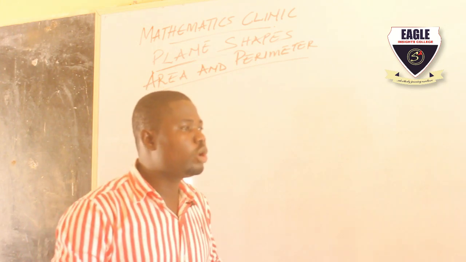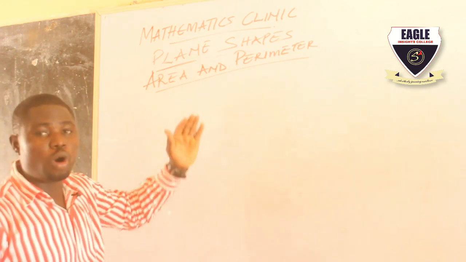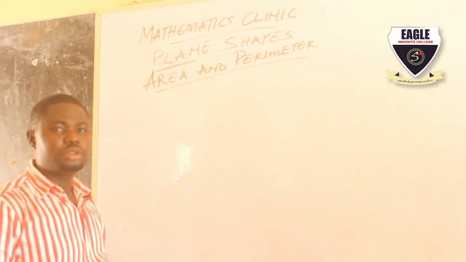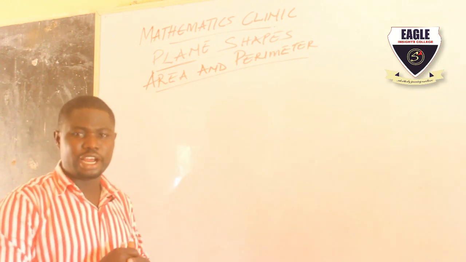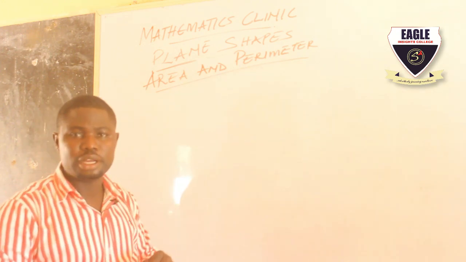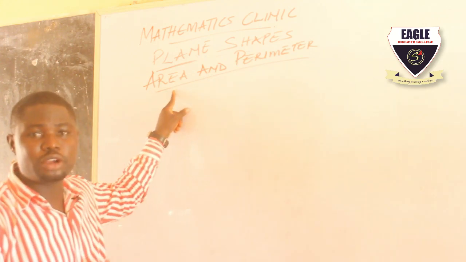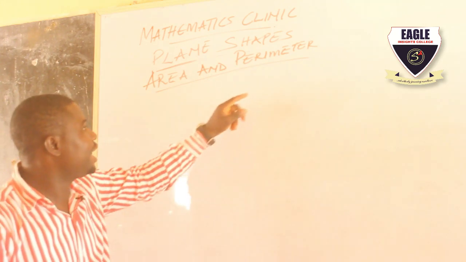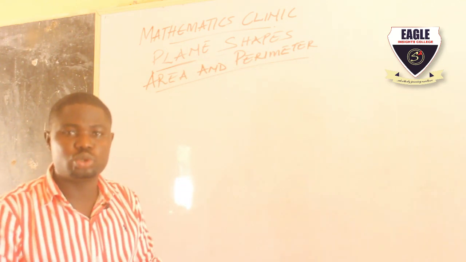So this morning we want to look at the area and perimeter of the triangle. Now permit me to ask you, what is an area and what is a perimeter? If you are asked to find the area of a triangle, or the perimeter of a triangle, what exactly are they asking you to do?